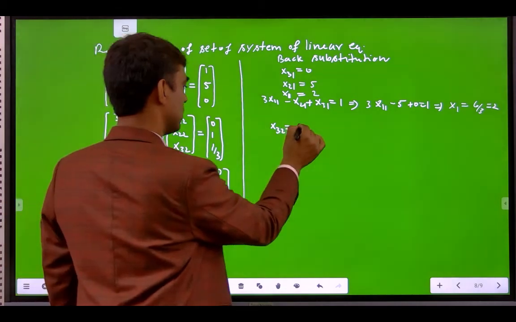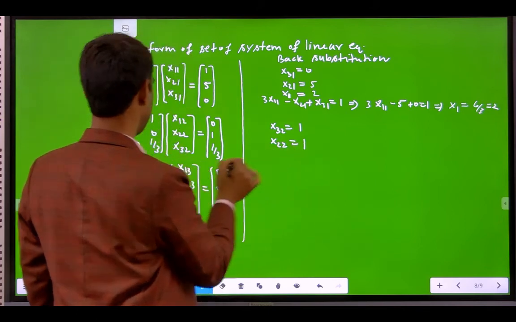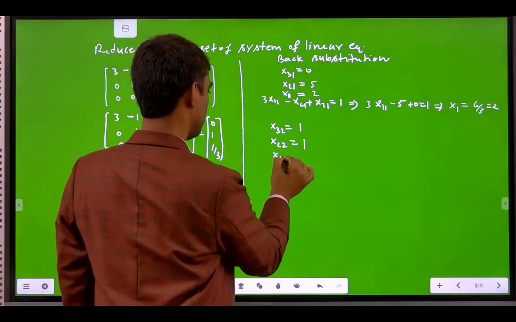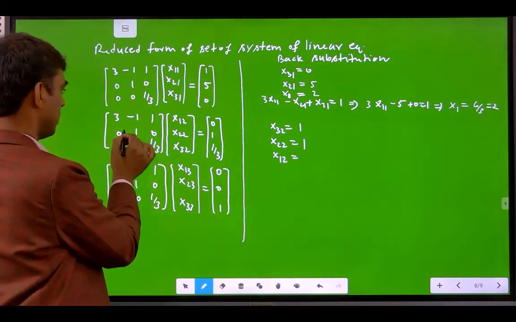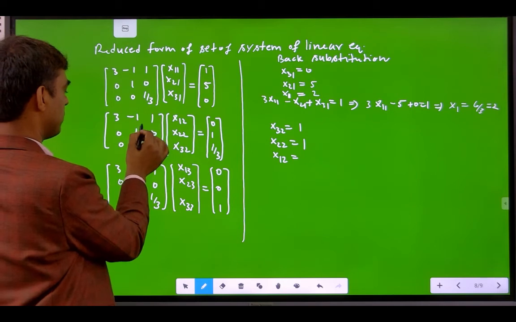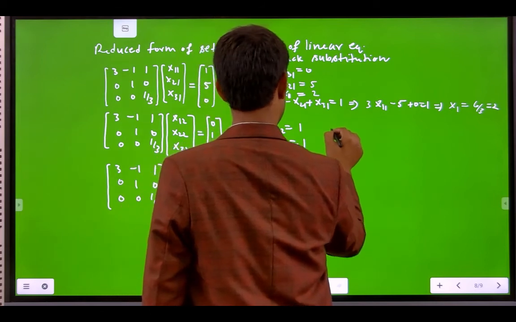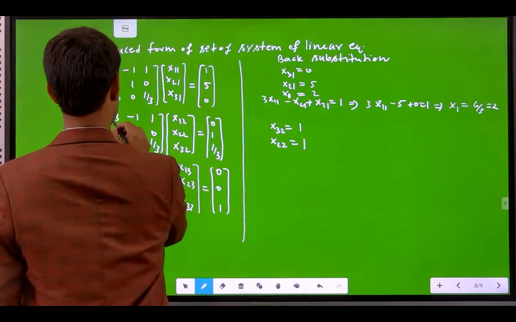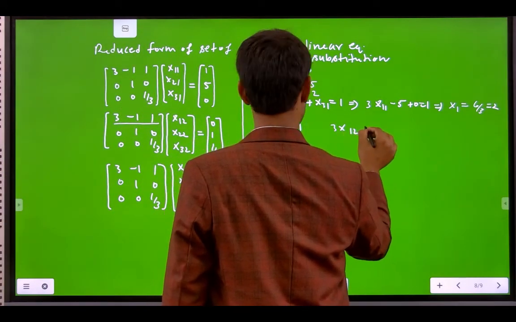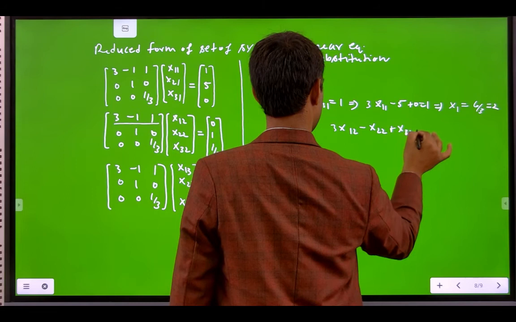Now the value of x22 is 1, and for x12 we multiply this equation, so 3x12 minus x22 plus x32 equals 0.